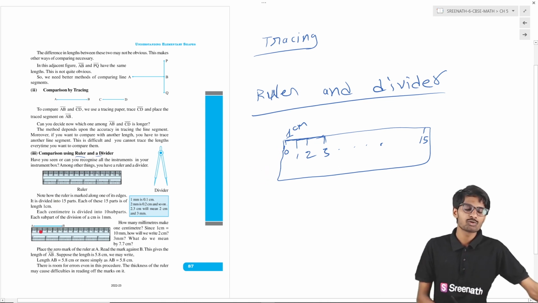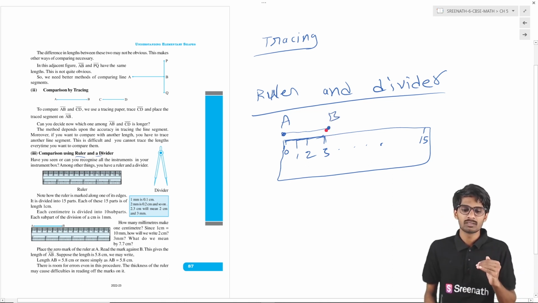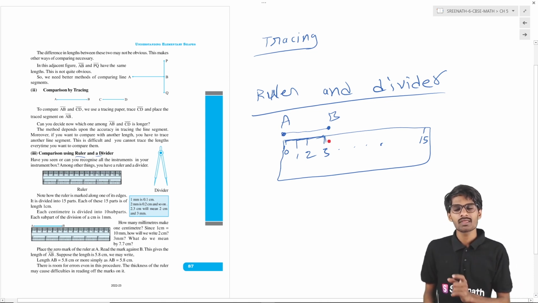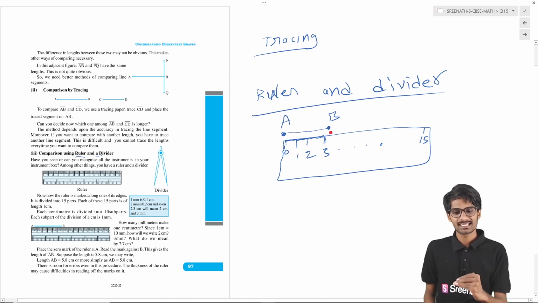One end of the line segment, suppose A, is placed at the 0 of the ruler, and the other end will be close to some other reading on the ruler. By observing the coincidence of the other end, B of the line segment, with the markings on the ruler, we can find how much length it is.